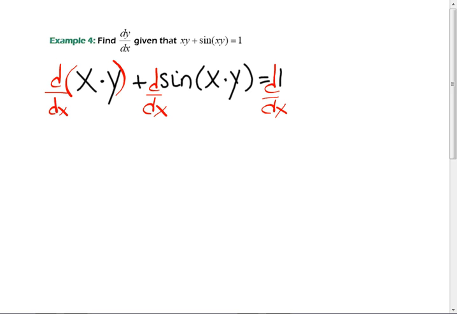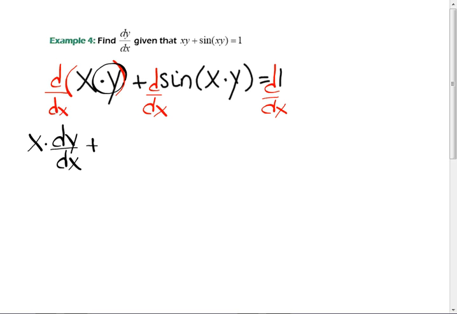Okay, what rule do I have to use for the first one? Product rule. So it's x times the derivative of the second one. This is what this means: dy over dx is the derivative of y with respect to x. That's what I want to find. If you don't get a dy dx in there, you're in trouble because you can't solve for it.